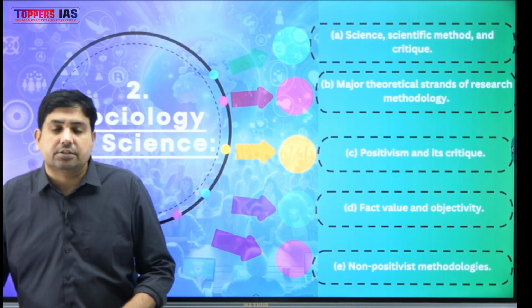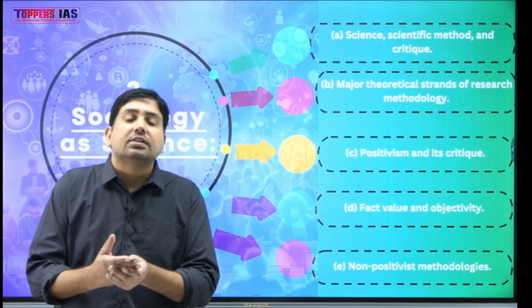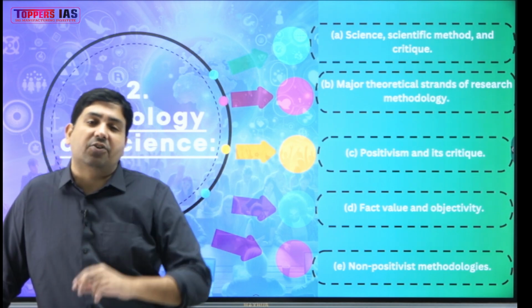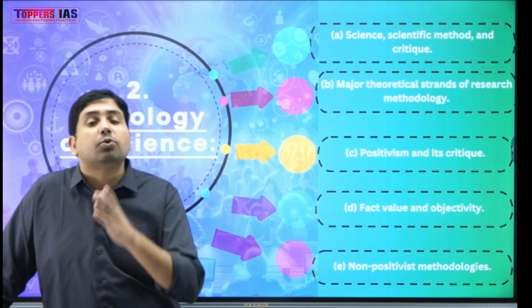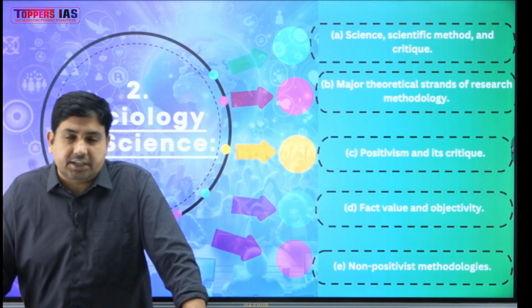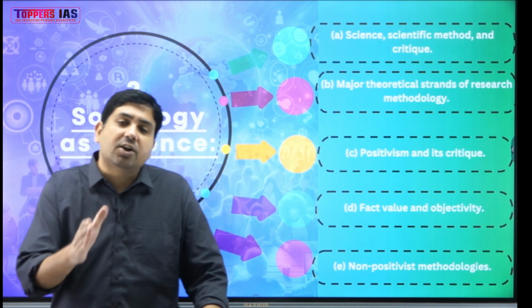These positivists believe that society operates according to certain social laws that can be discovered through observation, measurement and experimentation. So this is the stand of the positivist.